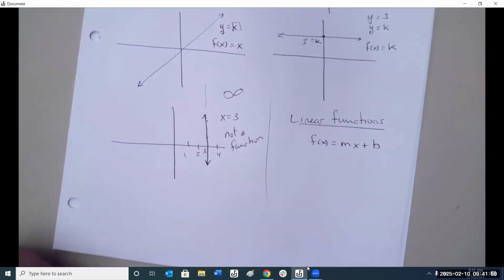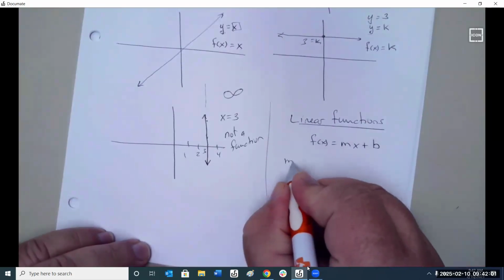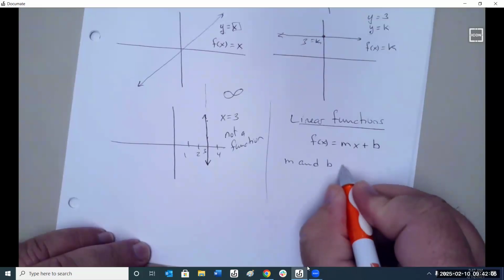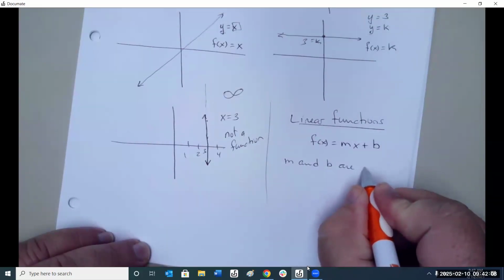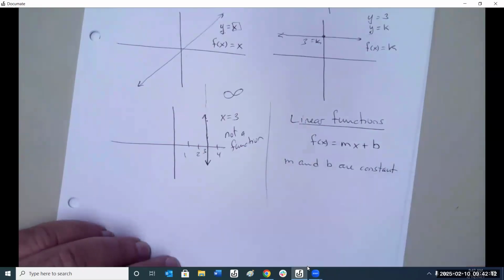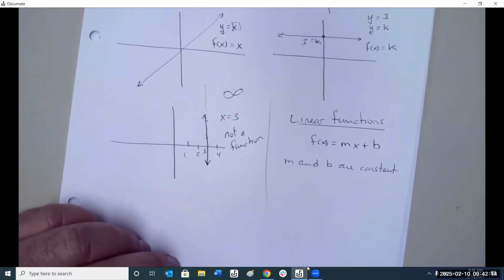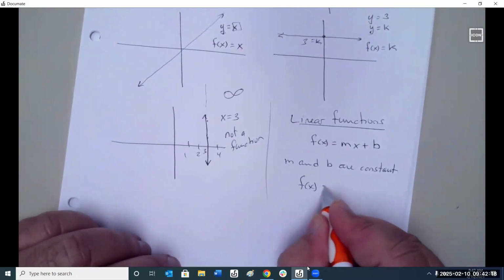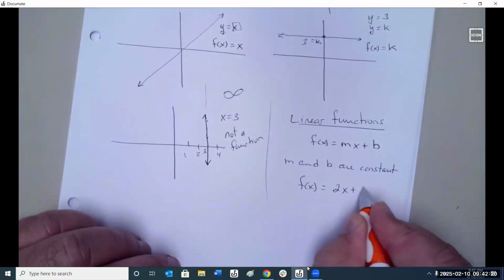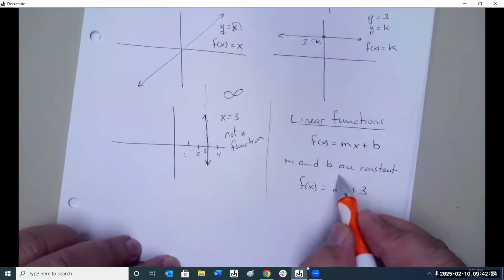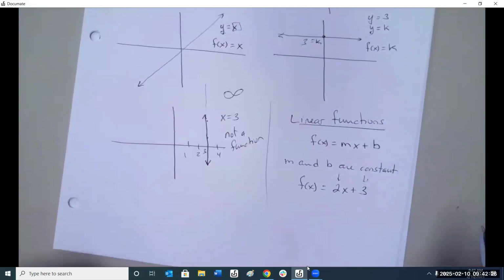When we talk about functions, M and B are constant. For example, the example I had earlier, 2x plus 3. Once I define my M and my B, this is my function.